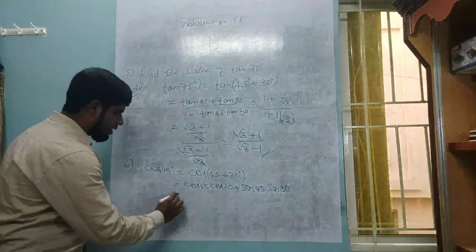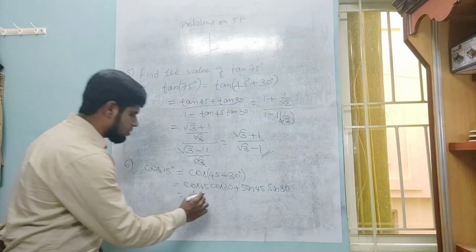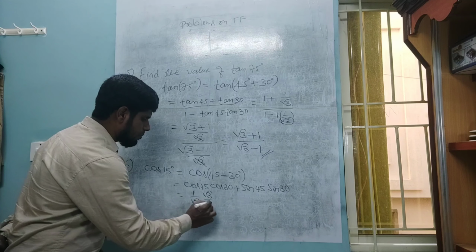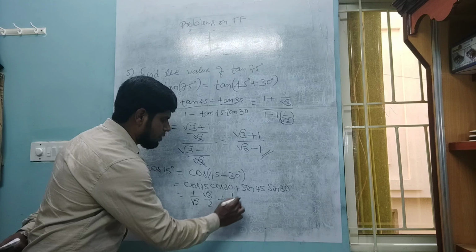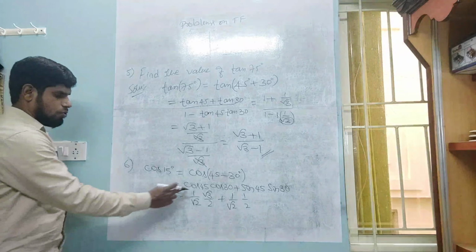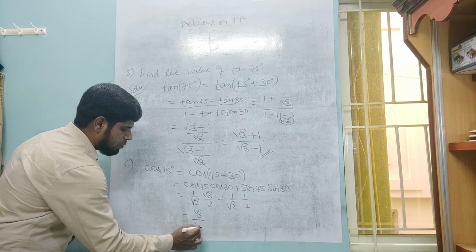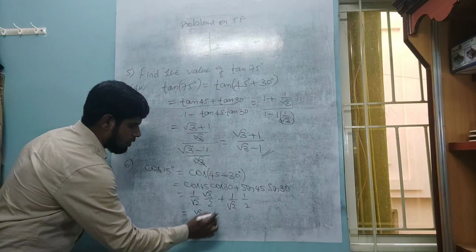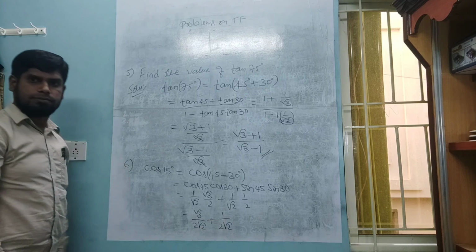So cos 45 degrees how much? 1 by root 2. Cos 30 degrees root 3 by 2, plus sin 45 degrees 1 by root 2, sin 30 degrees 1 by 2. So 1 into root 3 is root 3 divided by 2 root 2, plus 1 into 1 is 1 divided by 2 root 2 here.